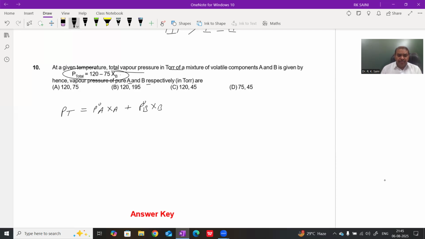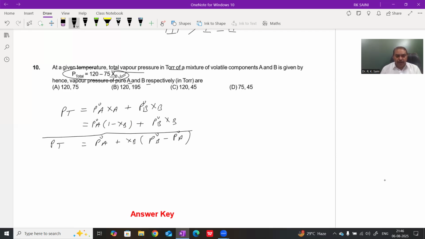According to the given data, we find the relation between P total and the mole fraction of B. We write P naught A into 1 minus XB, plus P naught B into XB, and also write it as P naught A plus XB times P naught B minus P naught A. This is the relation between P total and mole fraction XB.